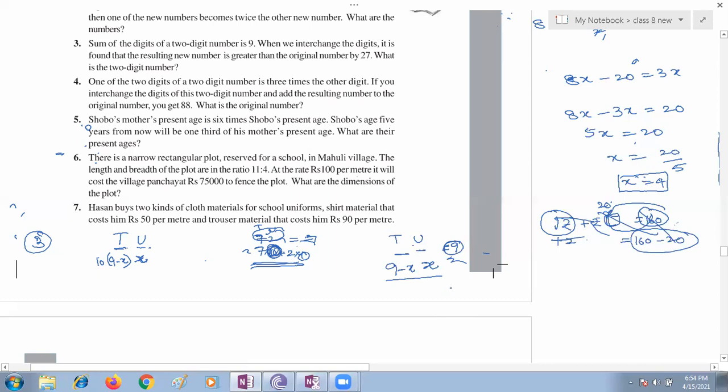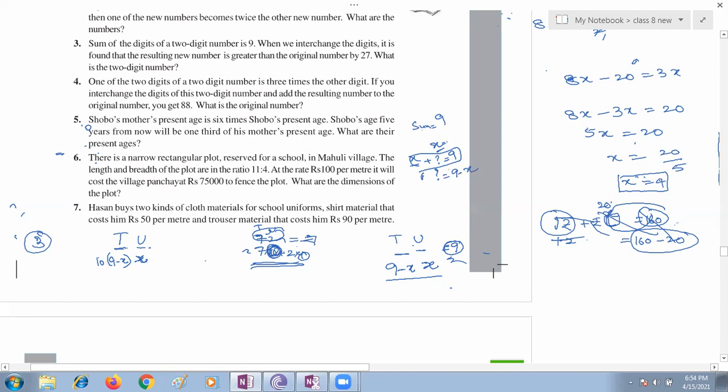Suppose the sum of two numbers is 9. One number is x. If you want to find the other number, how do you find it? 9 minus x.